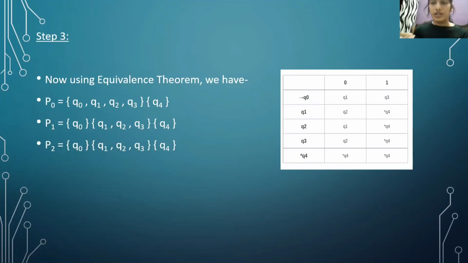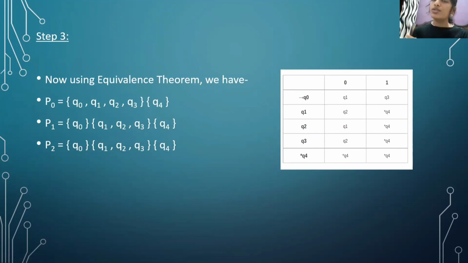Now let's take Q1 and Q2. Q1 reaches Q2 on input 0 and Q2 reaches Q1 on input 0, and both of these are in the same set, so no problem. We again do that for input 1. Q1 reaches Q4 and Q2 reaches Q4, no issues. Now let's take Q2 and Q3.